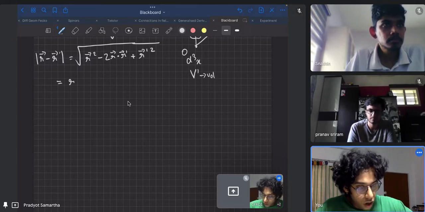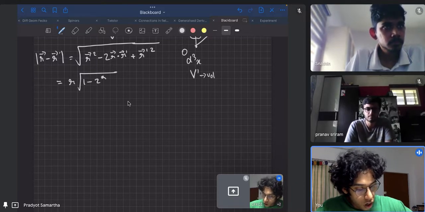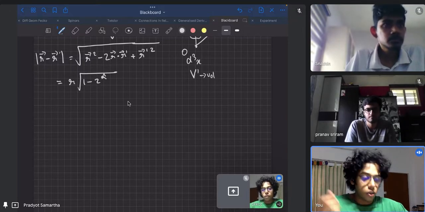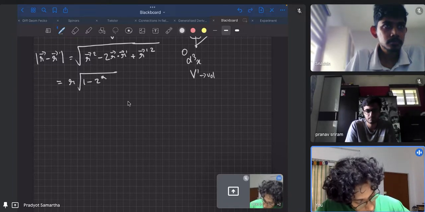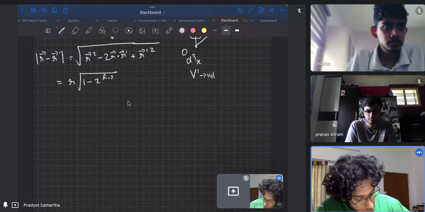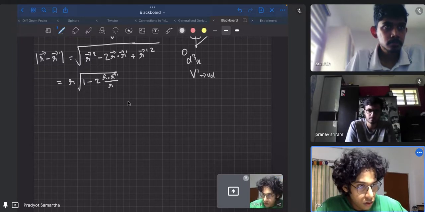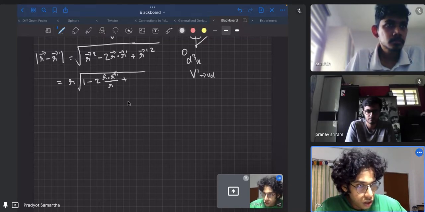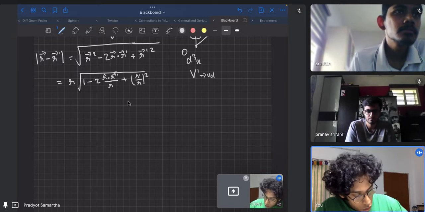So we have r times the root of 1 minus 2 r cap dot r prime by r, plus r prime by r the whole square.